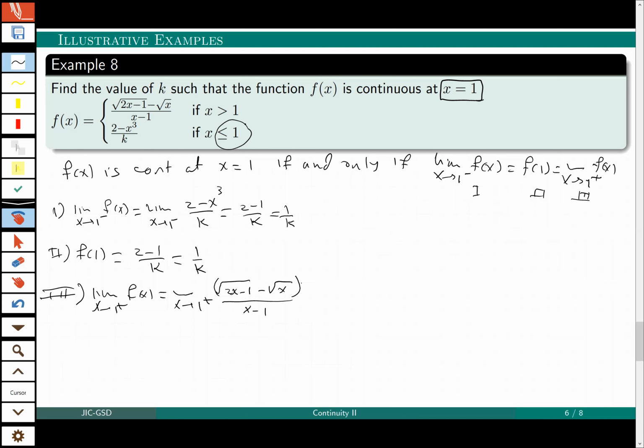We need to multiply by the conjugate to remove the root, so it will be root 2x minus 1 plus root x. And here again, don't forget the bracket is a must.